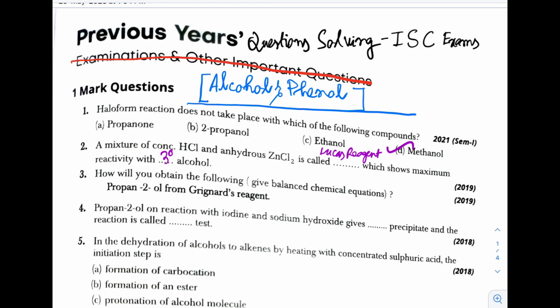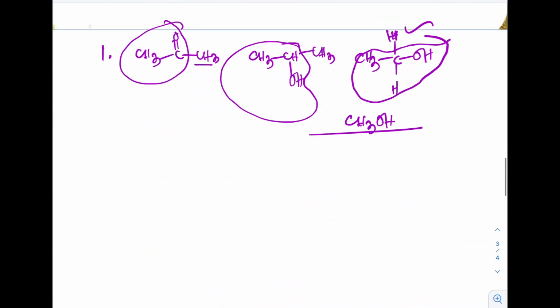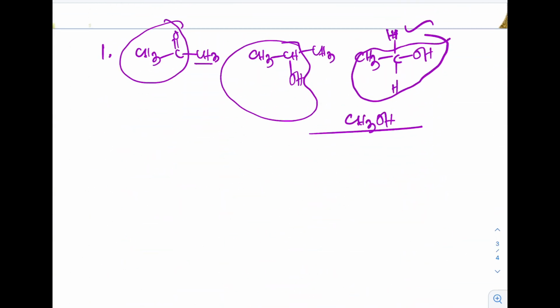Next, how will you obtain the following? Give a balanced chemical equation. Propan-2-ol from Grignard reagent. Propan-2-ol we have to prepare, that means CH3CHOHCH3, by using Grignard reagent.